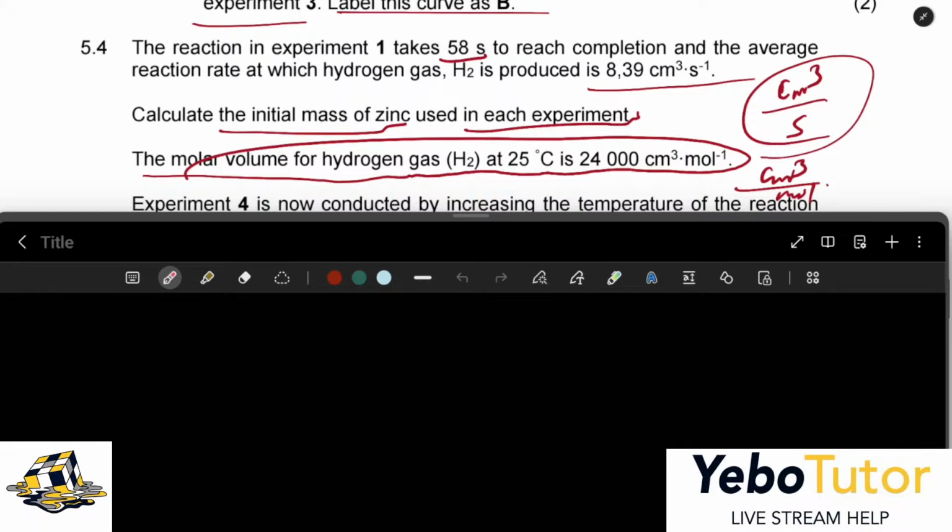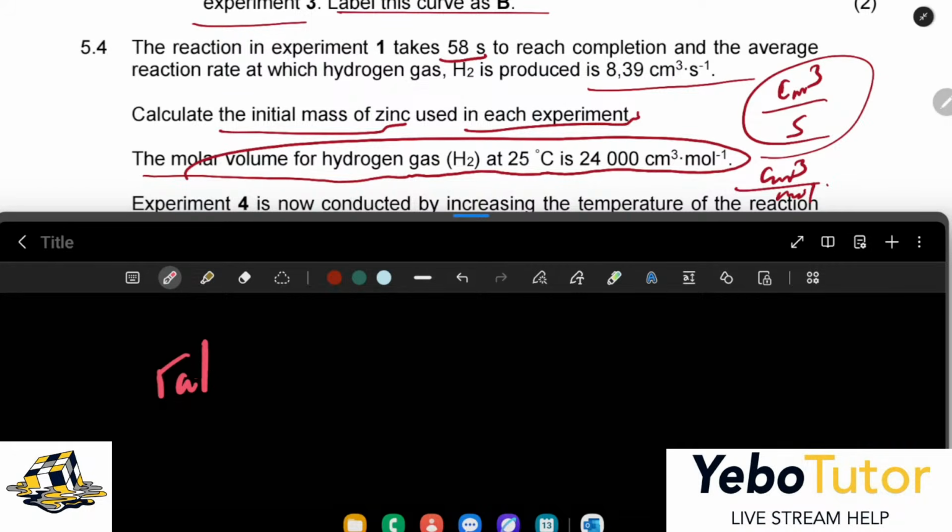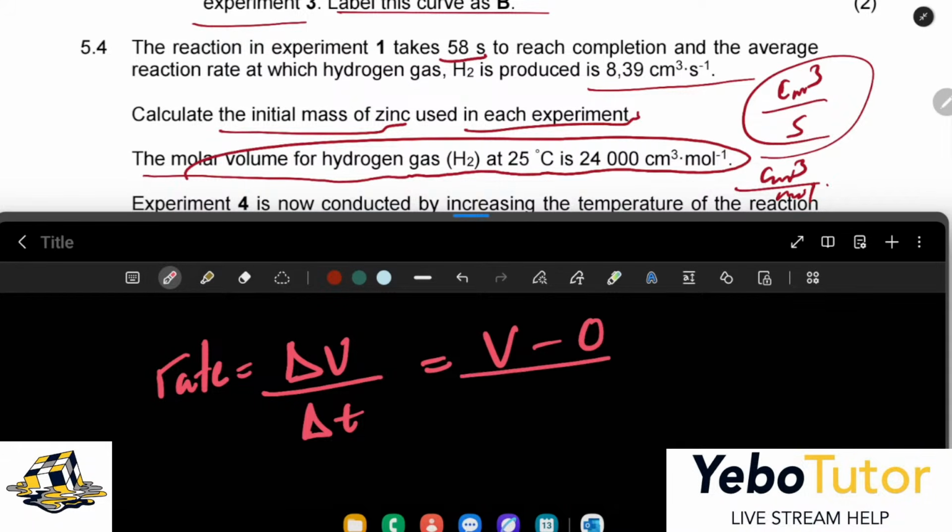We can literally just say that the rate is always equal to your change in volume over your time. The change in volume is just going to be V minus 0 over your time, which in this instance is 58.